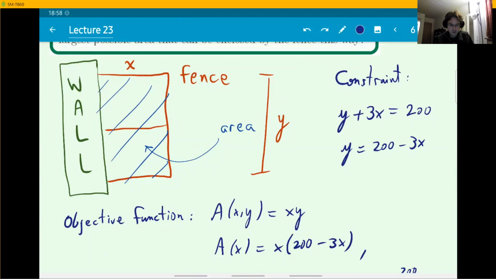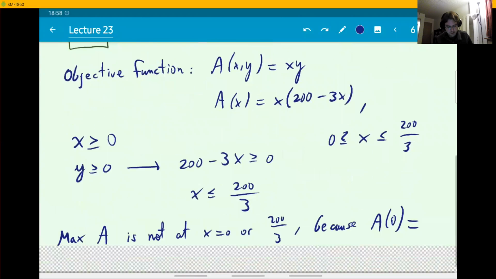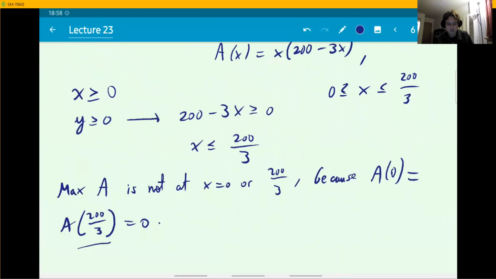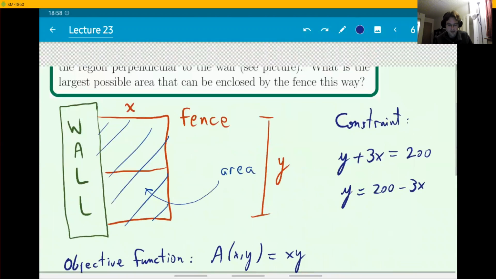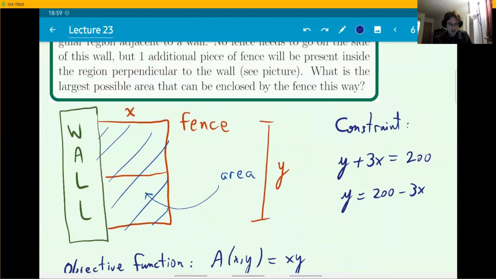It's very tall, right? The entire perimeter consists of only y, so it would be very tall, but no area. On the other hand, if x is 200 over 3, which is the maximum it could be, then there is no y. The rectangle in this case would be only the 3 perpendicular pieces, but without any height between them. So once again, 0.